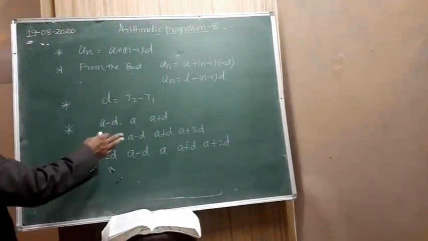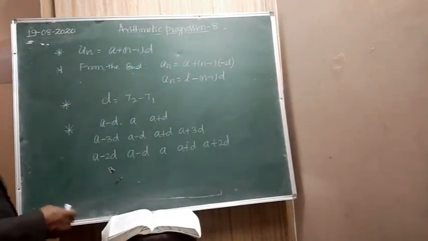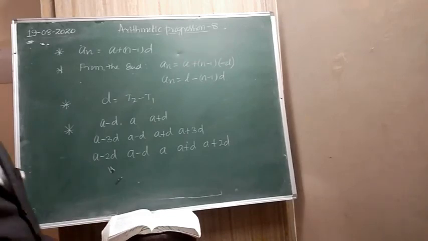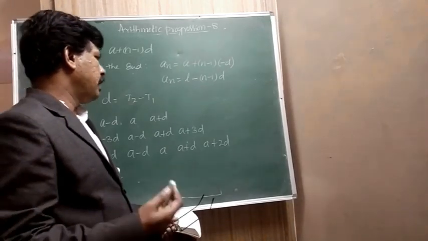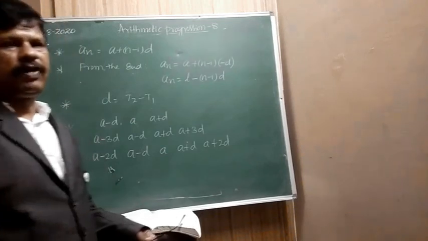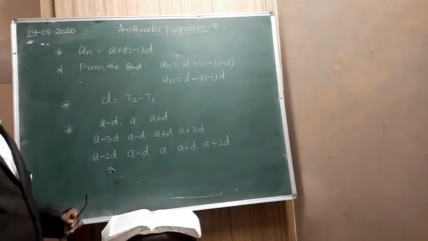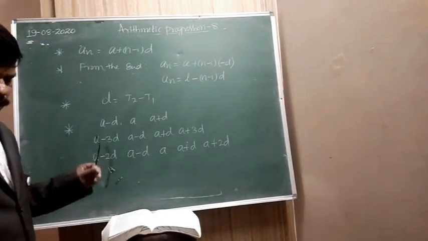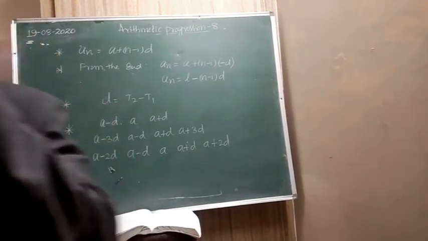Like this, you can continue: A minus 5D, A minus 3D, A minus D, A plus D, A plus 3D, A plus 5D. That is the sixth term. Clear? So this is what we have learned so far, right?